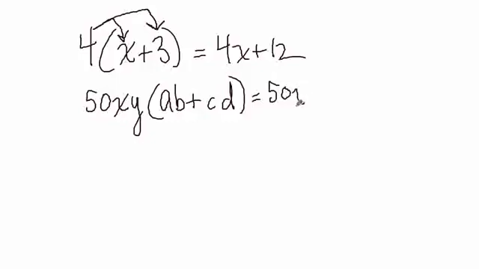So you would get 50xy times AB. And just to make it different, let's say I had a difference this time, so on the second blob I'd have minus the product 50xy times CD. That's all well and good.